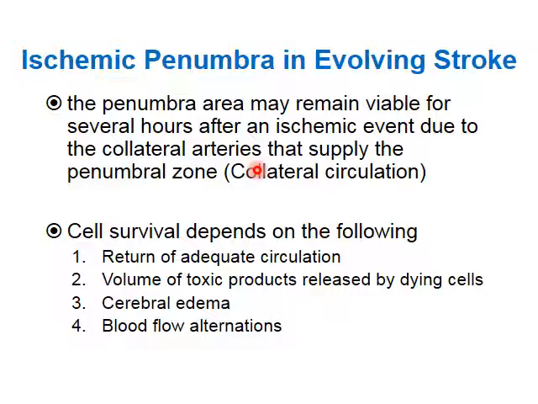And the reason it's able to do that, and why it stays alive, is again because of that thing I told you about, collateral circulation. The cell depends on adequate blood flow, so we need that return of adequate circulation. We need to address the volume of toxic products released, cerebral edema, flow alterations. This is just repeating what was on the previous slide.